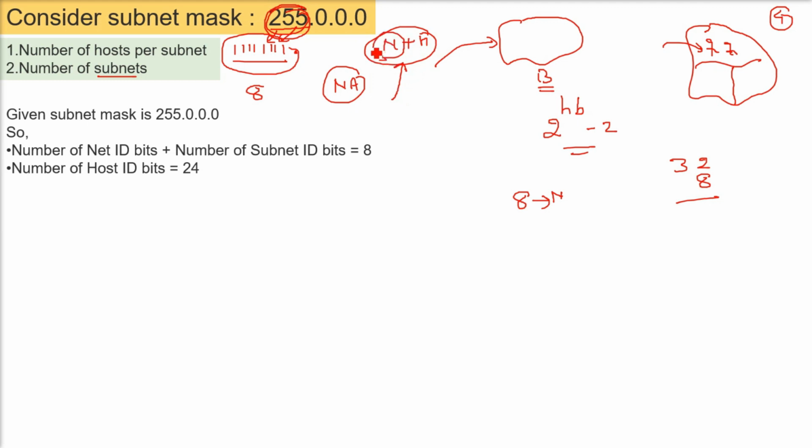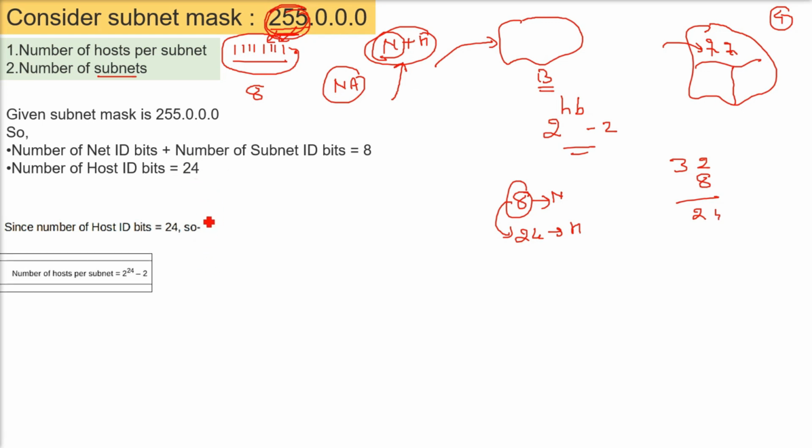So when you subtract this 8, which is the network bits, from 32, it will give you the host bits. If we AND this 255.0.0.0 with any IP, especially I am talking about class A, the first 8 bits will give you the network. 32 minus 8, which is 24, is for the host bits. Okay. So 8 plus 24, this always has to be 32. That is the case here also.